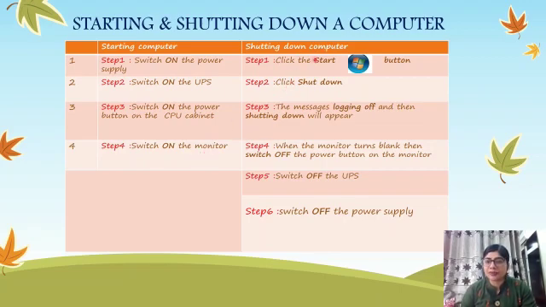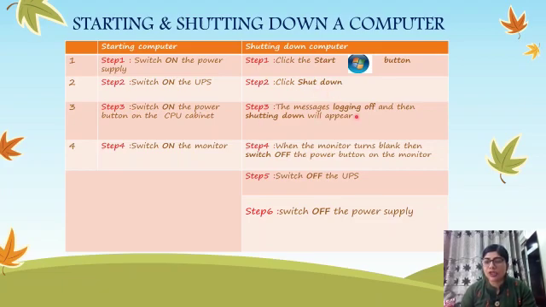Now there are steps for shutting down the computer also. When we are done with the work, we turn it off, but there is a proper process of shutting down a computer. Let's see what the steps are. Click the start button. Can you see where this button exists? On the bottom left corner of your screen, this button appears. Click on this button. The moment you click, you will see an option called shutdown. Click on shutdown.